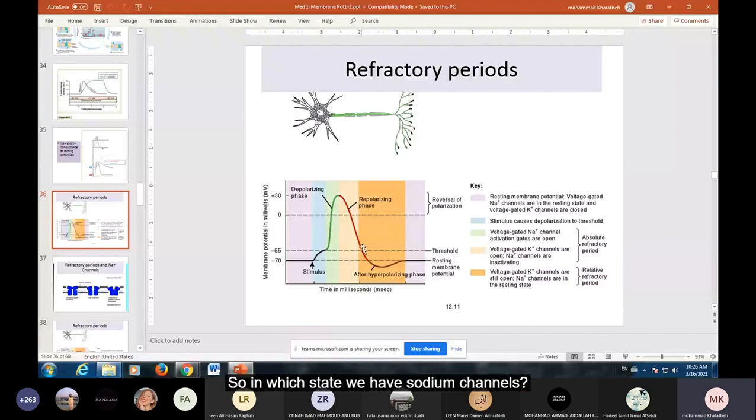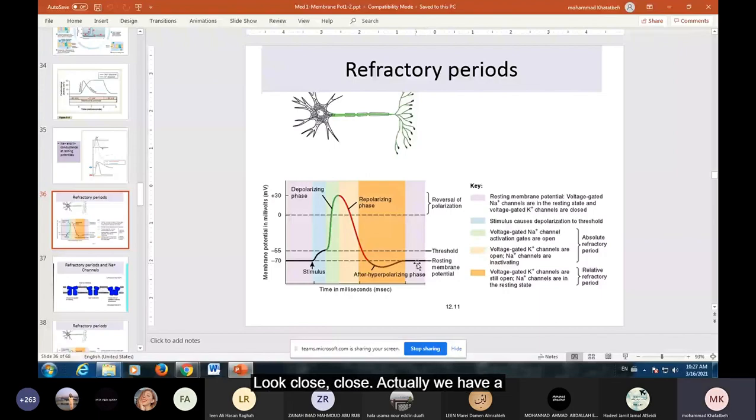So, in which state do we have sodium channels when we are at the repolarization phase? Simply closed or opened? Closed. And once you have returned back to the resting potential, in which state are they?